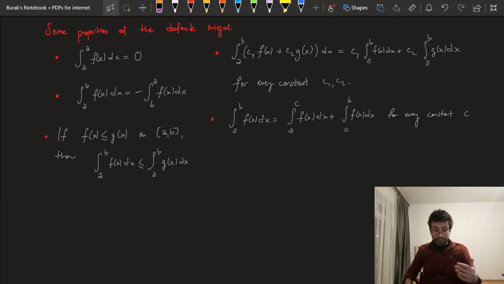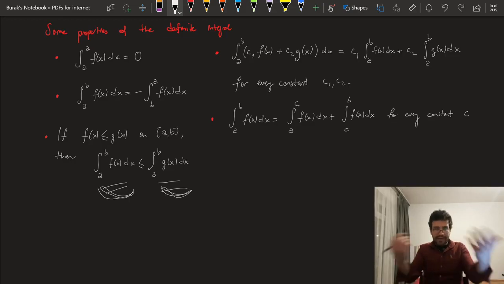Okay. So when you take the limits, you will get this. This is a limit of certain Riemann sums, and this is the limit of certain Riemann sums. I'm pretending that f and g are integrable. So this is in particular a limit of upper Riemann sums over a certain partition.